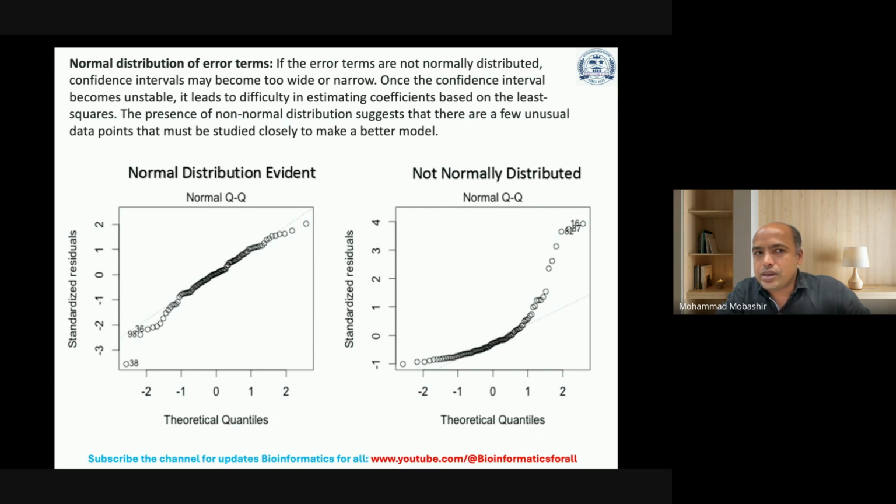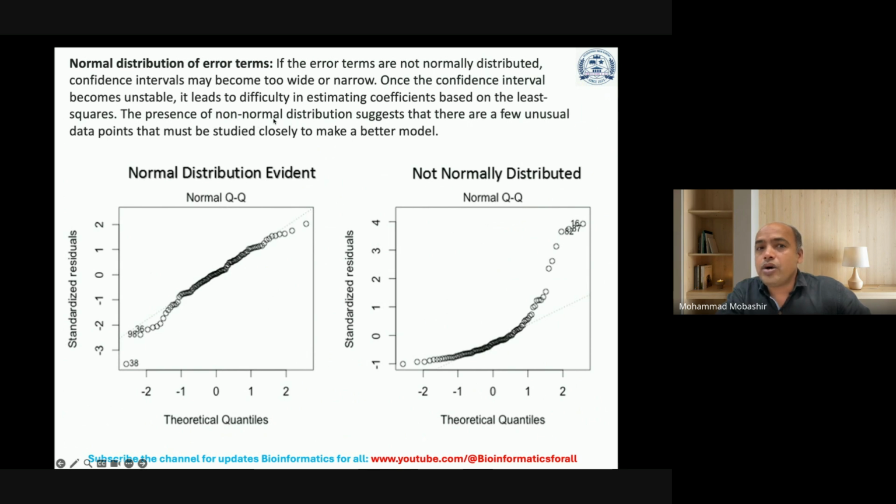Once the confidence interval becomes unstable, it leads to difficulty in estimating coefficients based on least squares. The presence of non-normal distribution suggests that there are a few unusual points that must be studied closely to make a better model. So this is what makes sense.